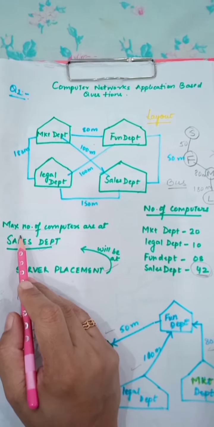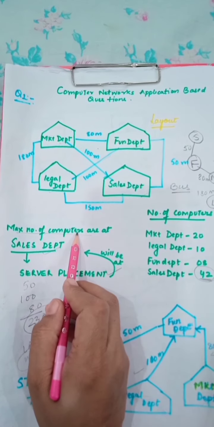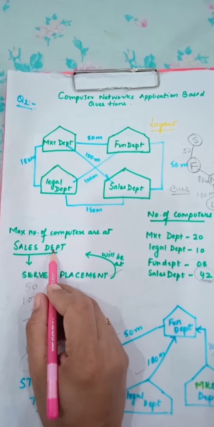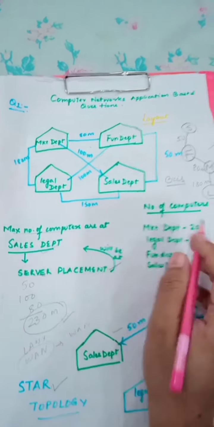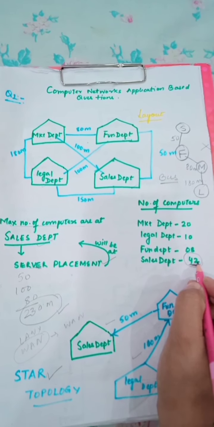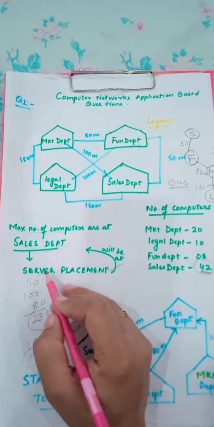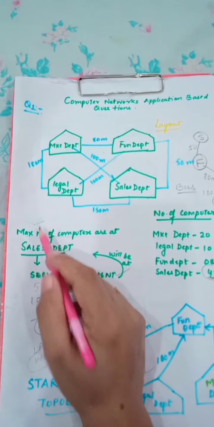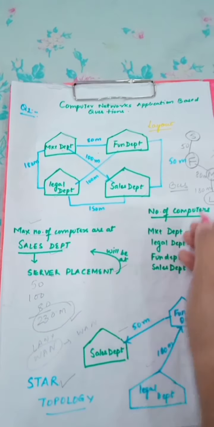You all know where we have to place the server, because the server is placed at the sales department, because the sales department has the maximum number of computers, that is 42. So obviously the server will be placed at the sales department.